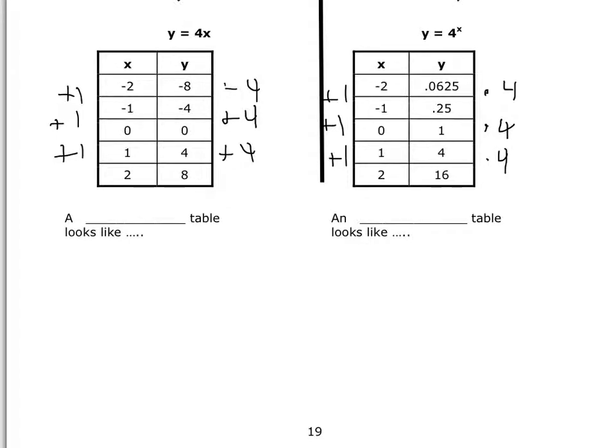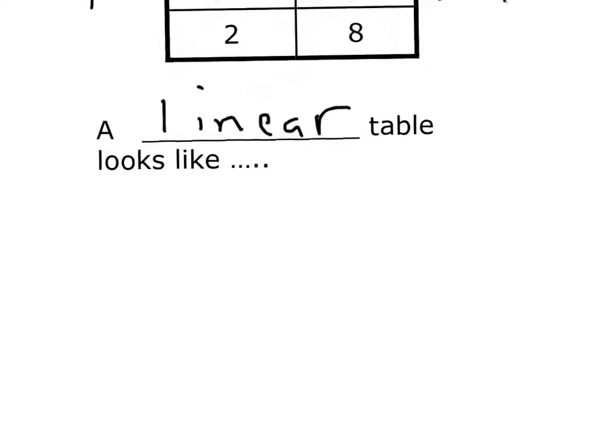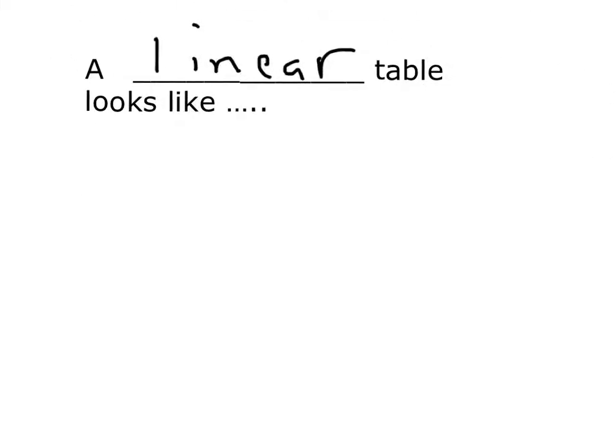So what I need you to know about a linear table, and that's your first blank. A linear table looks like, let's zoom in here. Make sure you get this down.